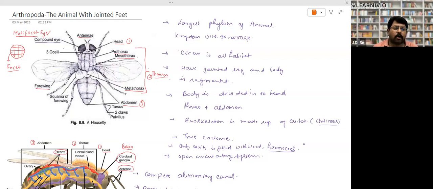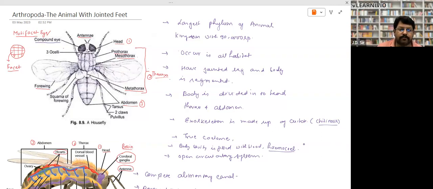All the organs float in the blood. It is filled inside the body. So suppose you puncture at one point, all the blood can come out. Like in our body, blood does not remain filled inside; rather, it flows in closed vessels called arteries and veins.